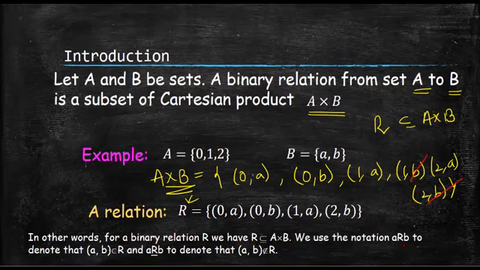What does aRb say? aRb denotes that (a, b) belongs to R. And whenever we want to say that (a, b) does not belong to R, we write a slash over R to denote that it does not belong to R. So binary relations represent relationships between the elements of two sets.